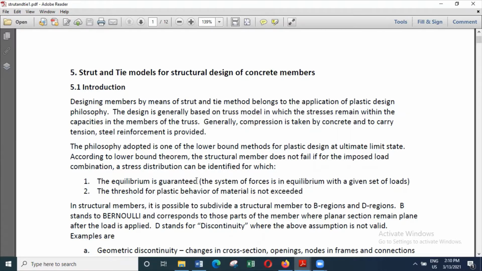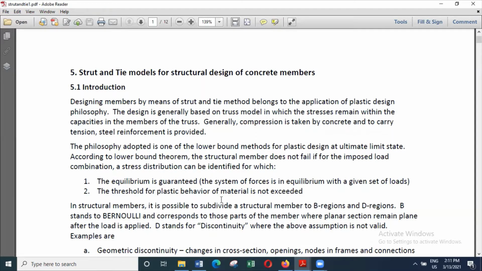So you have to show that the vertical equilibrium, the loads are in equilibrium. So that's the first thing. And secondly, you have to make sure the stresses in materials are sufficiently low. So this is what we generally do in all our designs. So what we do is we perform an elastic analysis, and then we consider that this material behaves as an elastic material even during the service conditions.